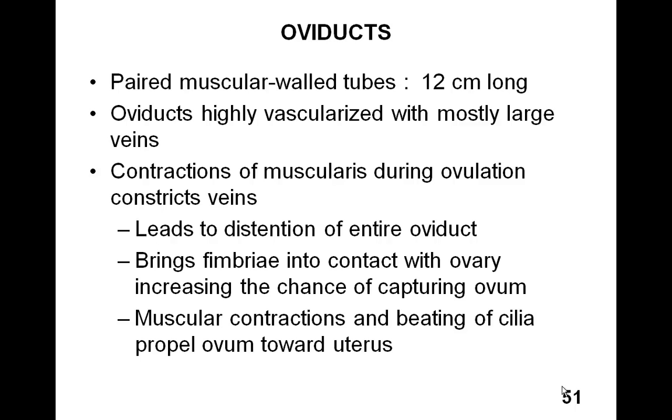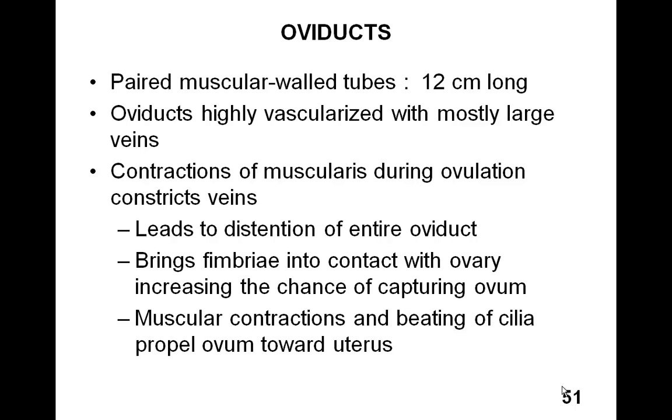Keep in mind that the oviduct is not physically connected to the ovary. It doesn't directly receive the ovum. The ovum is going to be released into the pelvic cavity. And when the smooth muscle of the muscularis of the oviduct, which is also known as the fallopian tube or the uterine tube, contracts, then that is going to constrict those large veins.